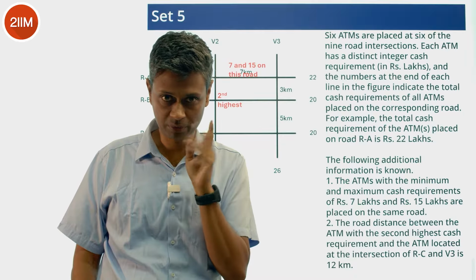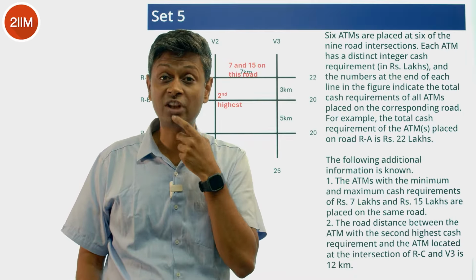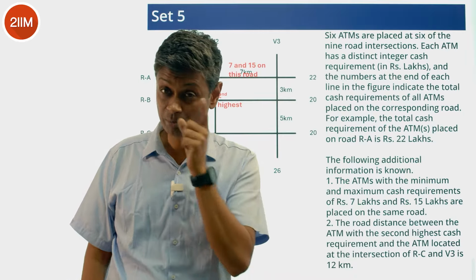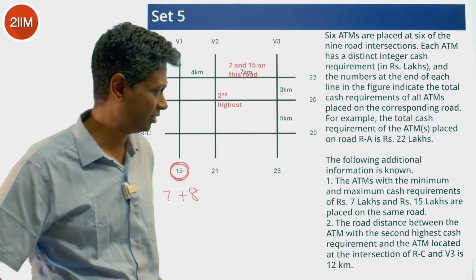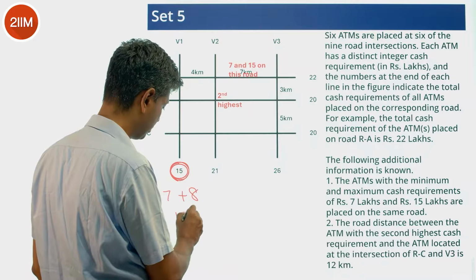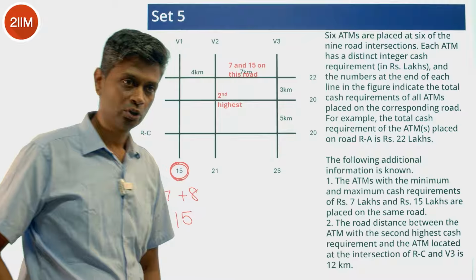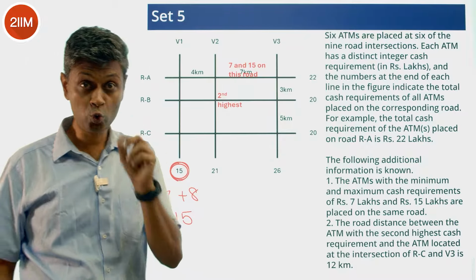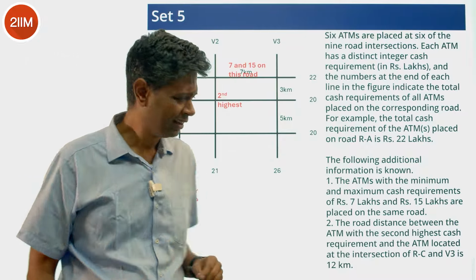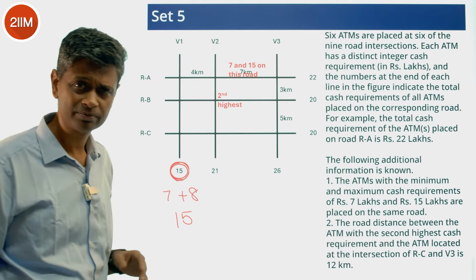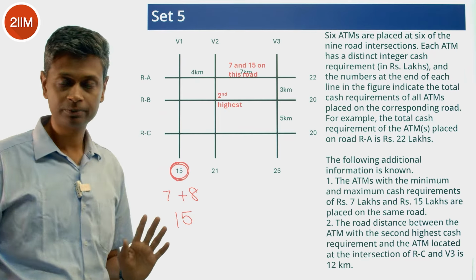No other combo can be 15. Or at least that's what I thought. What I completely missed out and messed up in this set is that this 15 could be just 15. So this number 15 is a crucial thing to unlock this whole thing. This could be just 15 or it could be 7 plus 8.